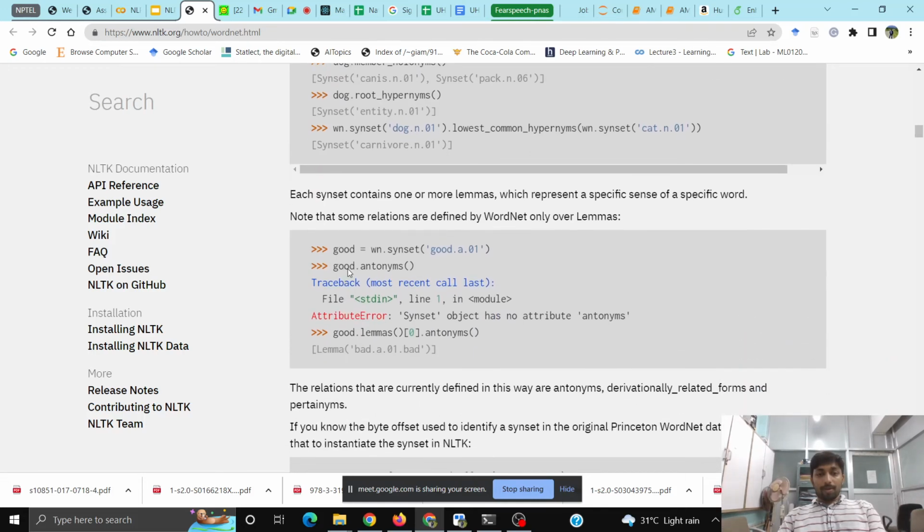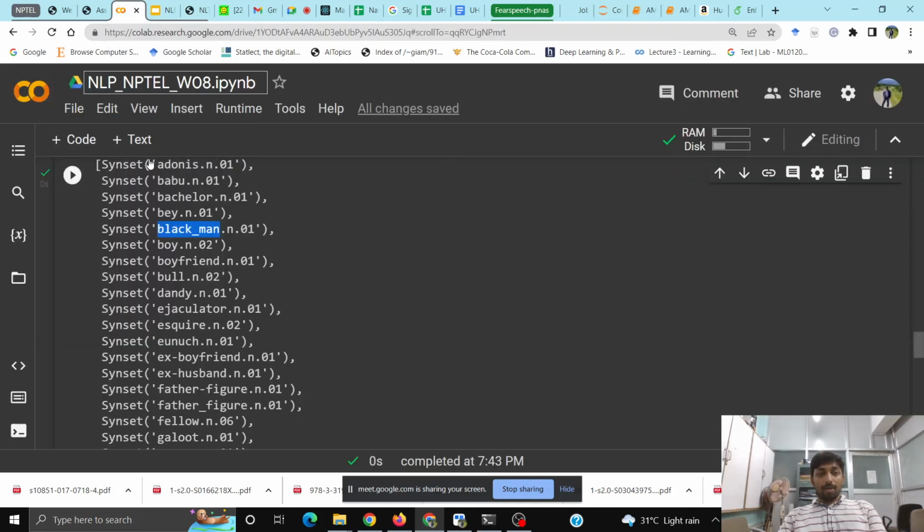This we have already studied. So let us say we want to find the antonyms.